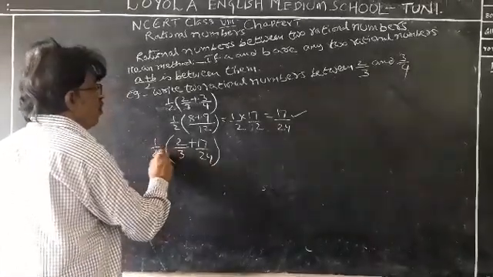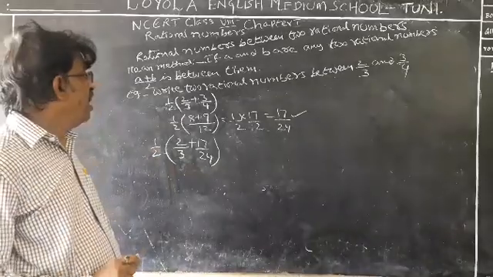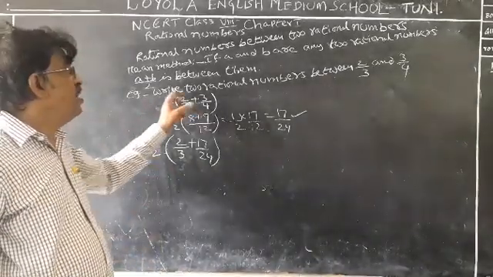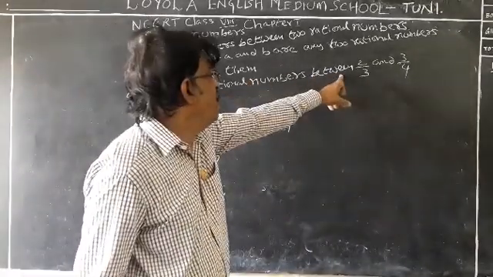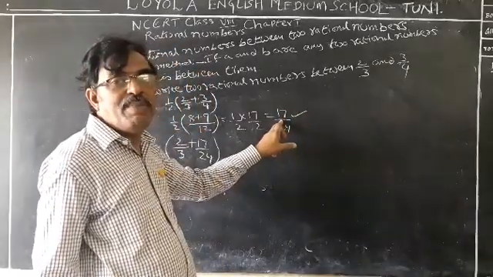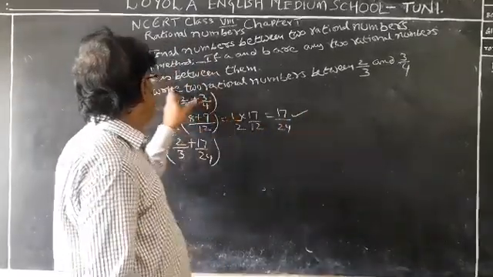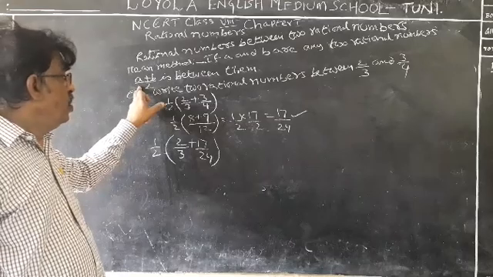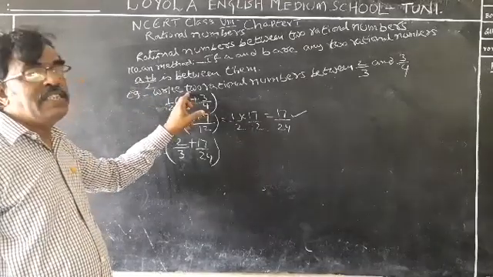Into 1 by 2. Once again I am explaining, all of you listen carefully. The first rational number is 17 by 24, isn't it? According to (A plus B) by 2. Now, how do we find the second rational number?